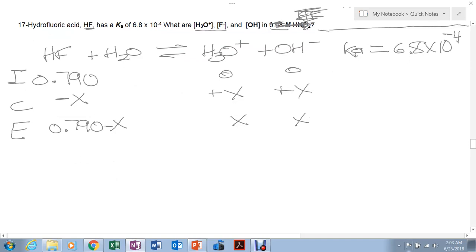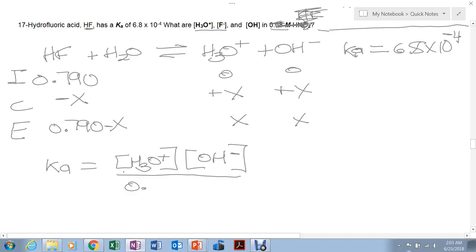So here you got that the Ka, which is 10 to the minus 4, equals H3O plus times F negative, you know this expression already by now, divided by 0.790 minus x. Now this is kind of negative 4, but on the other hand, this concentration is high, so I am going to take the risk of dropping the x here.